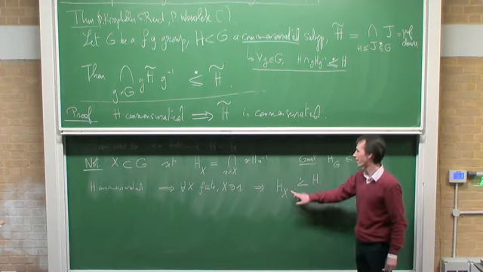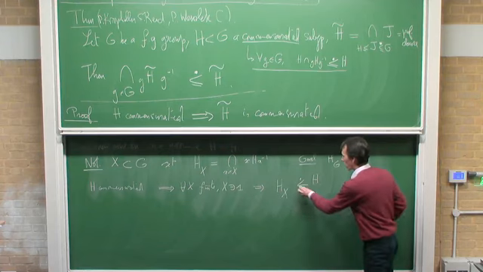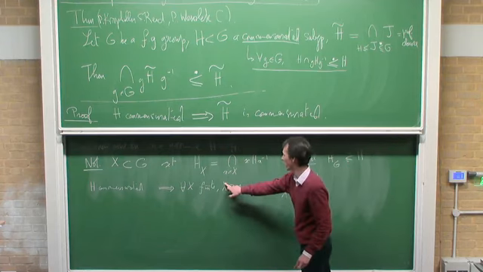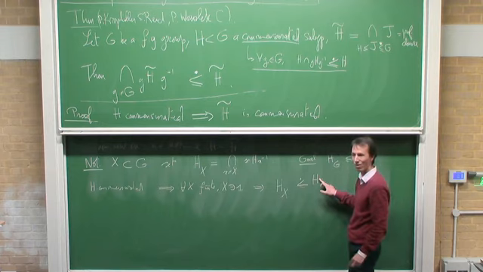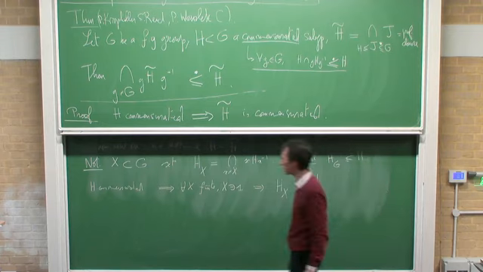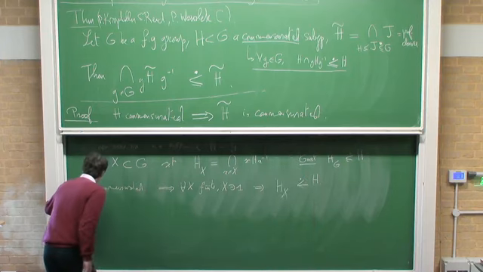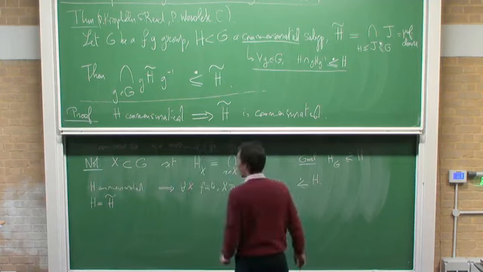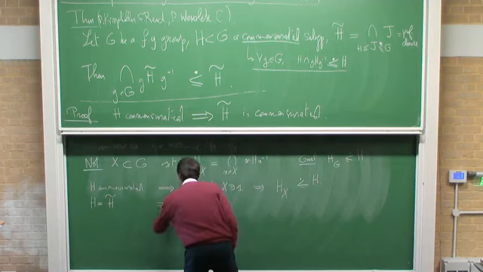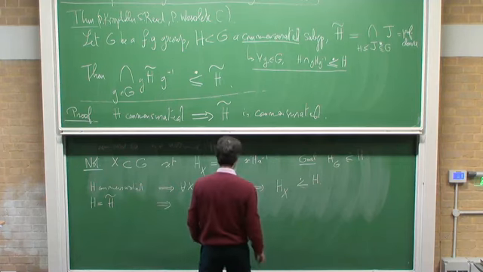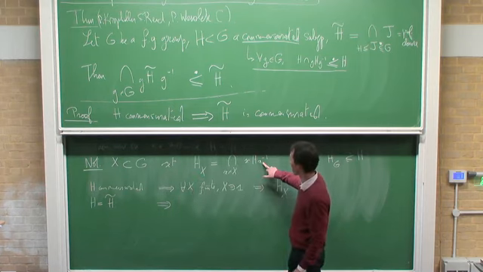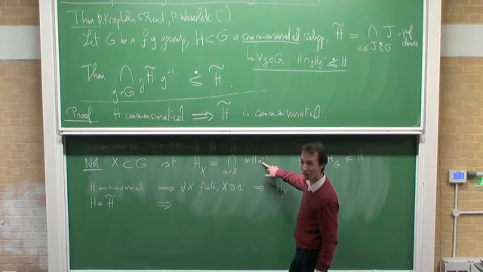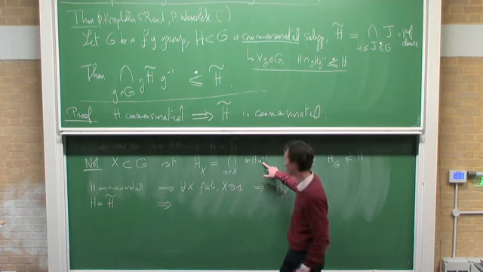So this is true for any finite set X, and I impose that the identity is contained to make sure that I get a subgroup of H. And now the fact that H is its profinite closure implies that again this will be an intersection of closed subgroups, so it's again closed.